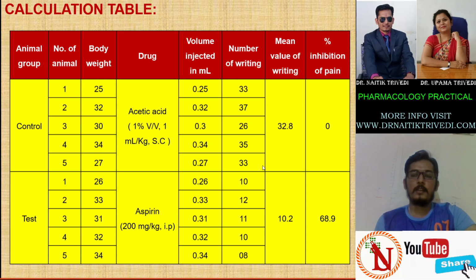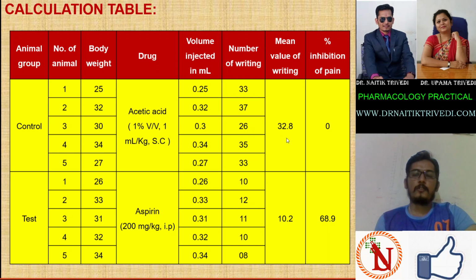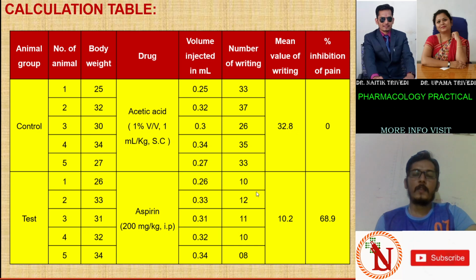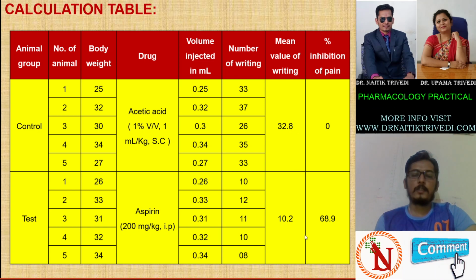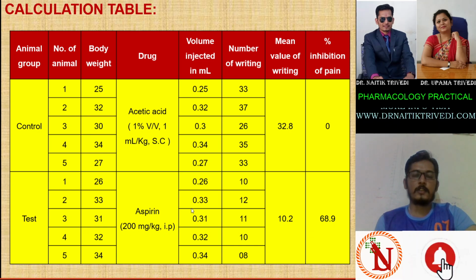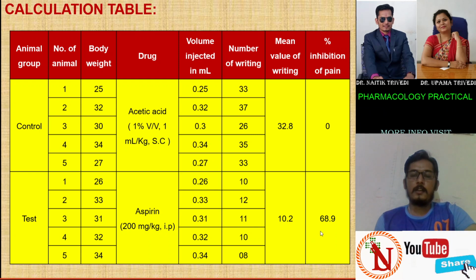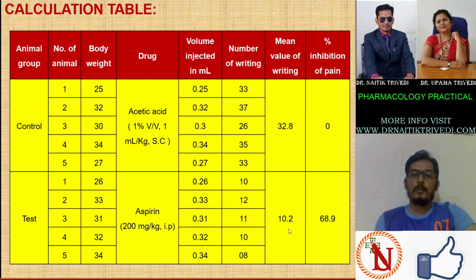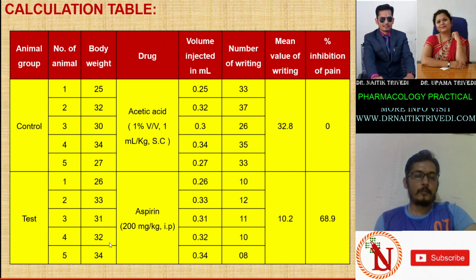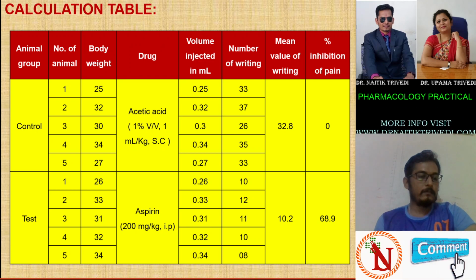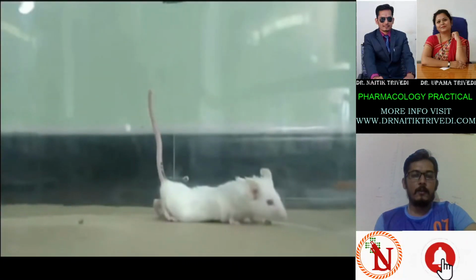Here you can directly see that without giving the drug it shows 32.8 writhings, and in the test animals which receive aspirin as an analgesic drug it shows 10.2. So I am showing you the video so you can get the idea. Here, what is the writhing?